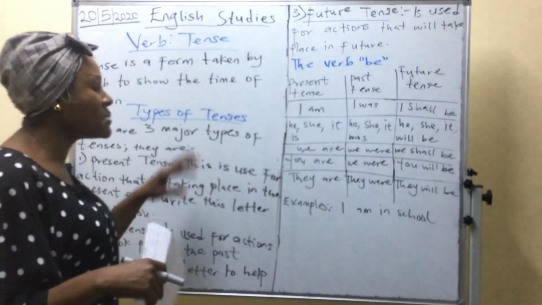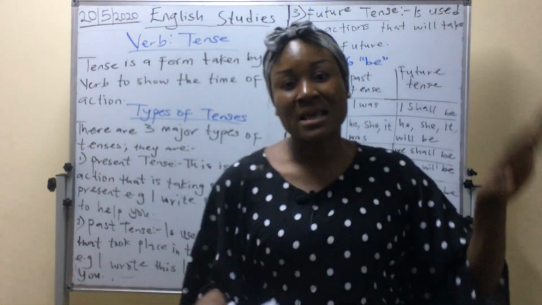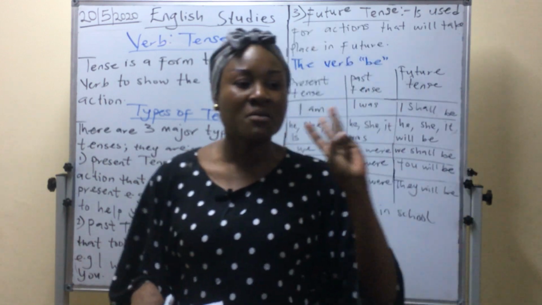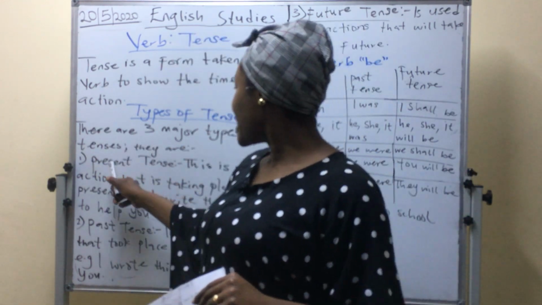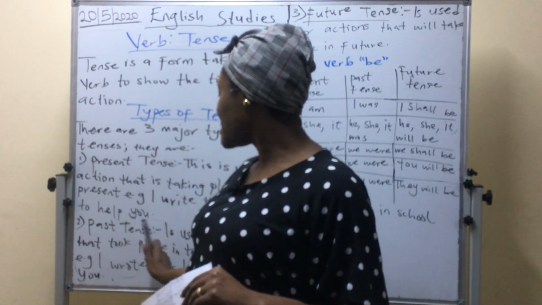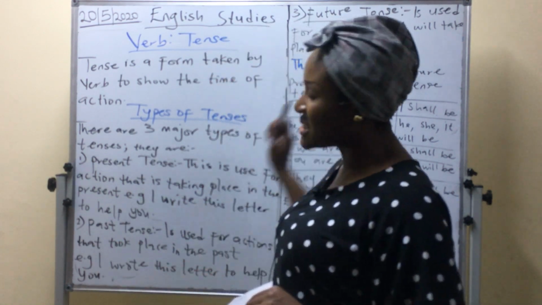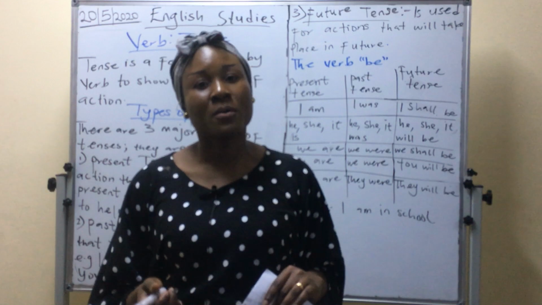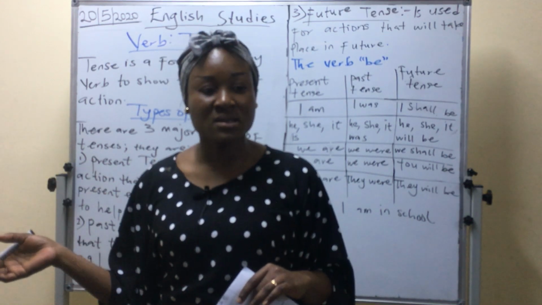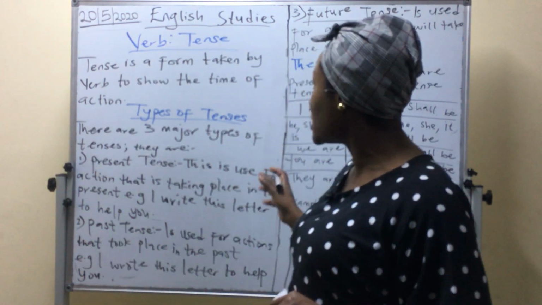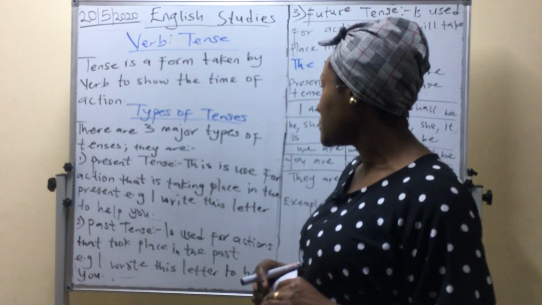And now we have three major types of tenses. There are other tenses, but we have three major types of tenses, which are the present tense, the past tense, and the future tense. There are other tenses but as we go further in the topic tenses in your various classes, you'll be seeing other types of tenses.